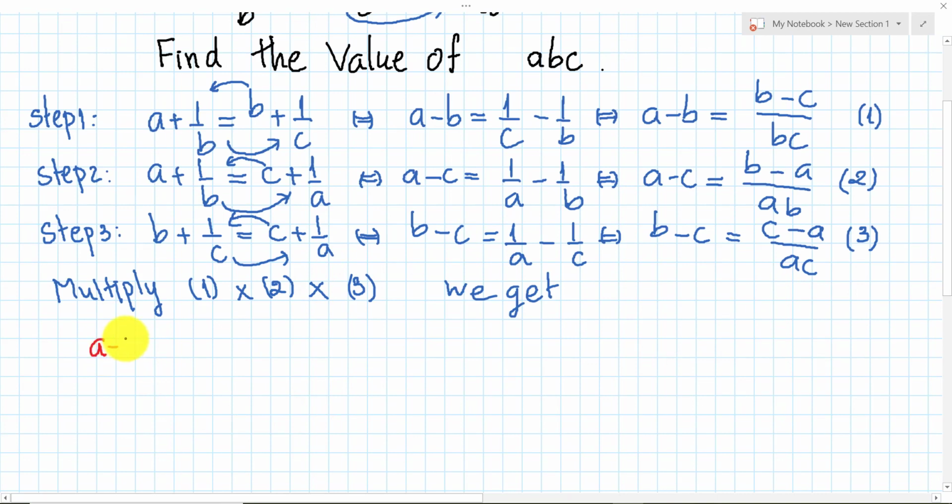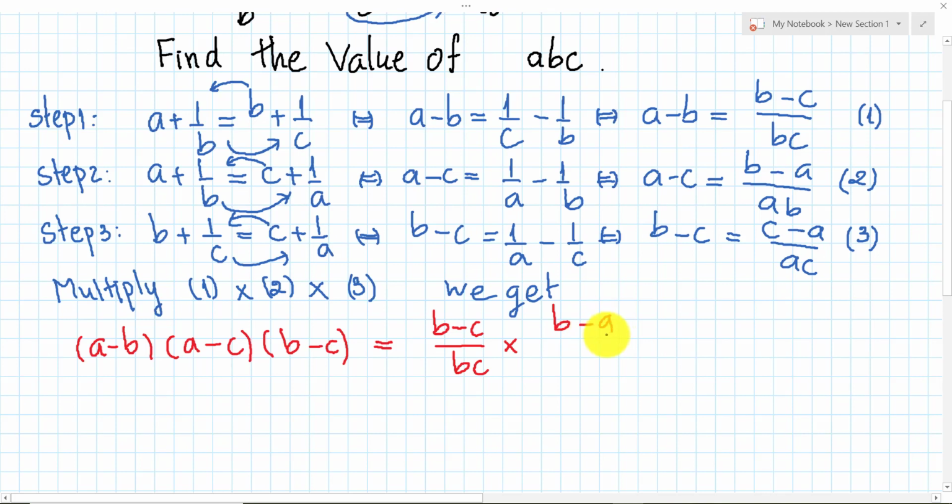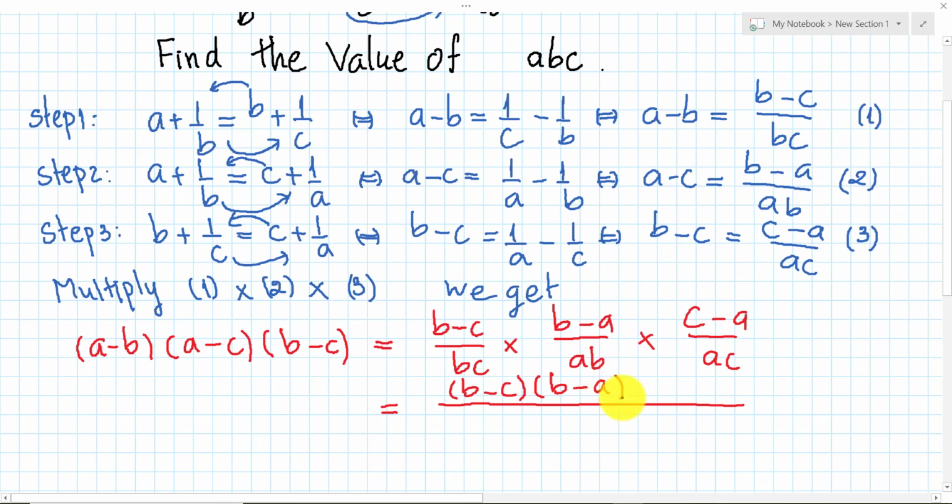And we get A minus B times A minus C times B minus C, equals B minus C over BC times B minus A over AB times C minus A over AC, and equals B minus C times B minus A times C minus A over A square times B square times C square.